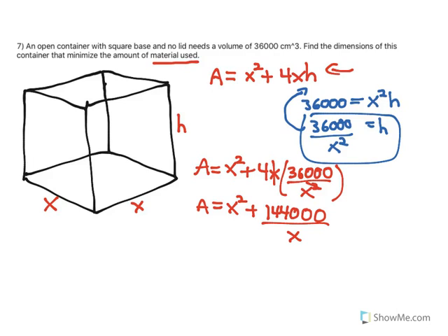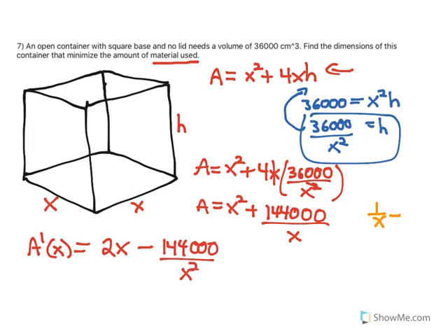Now the next step is to differentiate my function. I'll call it A prime of x equals 2x minus 144,000 over x squared. I got that because I know the derivative of 1 over x is negative 1 over x squared.